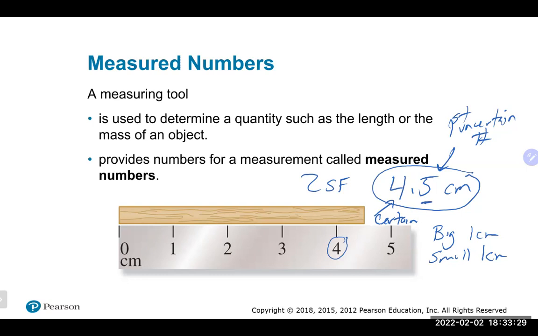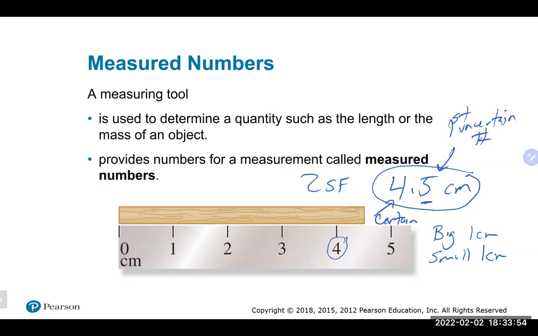By the way, as we'll talk about a couple of times, the estimated digit, or that first uncertain digit, is not always the last number in a value, but it is always the last significant figure. So there is a difference in what I just said. It may not make sense now. We'll see an example as we go through it.